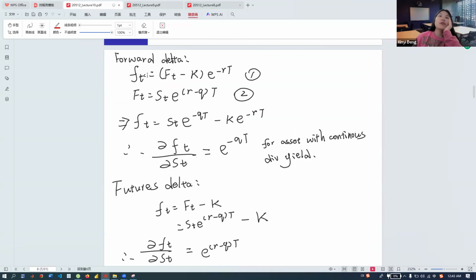This value f_t is equal to (F_t minus K) times e to the power of minus rT. So we are discounting it back to the current point by multiplying by e to the power of minus rT.